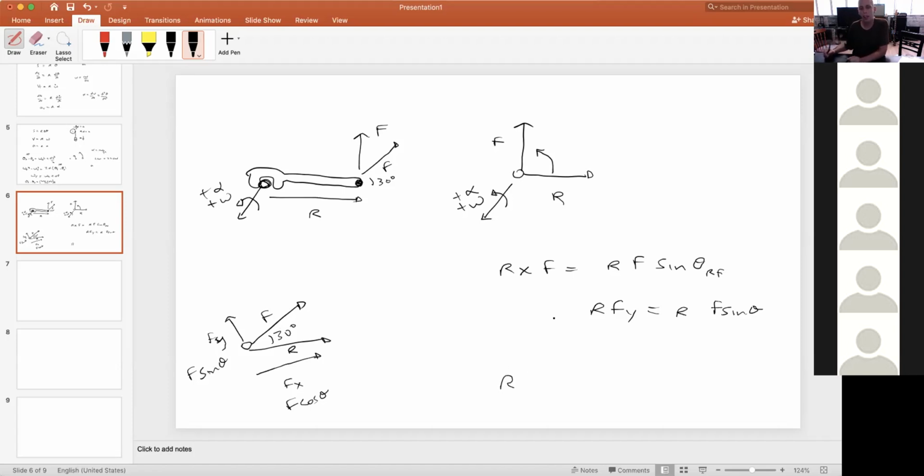The other way, which you almost never do here, is that the cross product in 2 dimensions gives you Rx Fy minus Ry Fx, and Fy is F sine theta. There is no Ry, so this would cancel for us, and it's in the z hat direction, and that tells you it's positive.